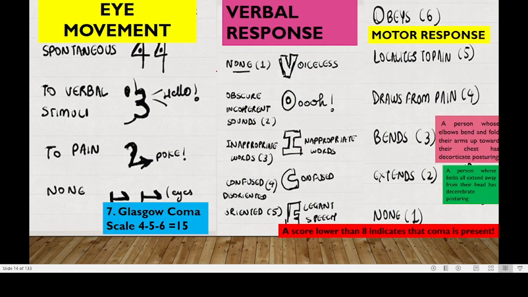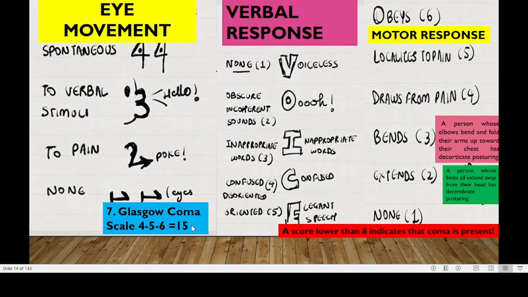All right, so we have the GCS, the Glasgow Coma Scale, where we are testing eye movement, verbal response, and motor response. Remember, for eye movement the maximum score is 4, verbal is 5, and motor is 6. That's why we have 4-5-6, totaling 15.